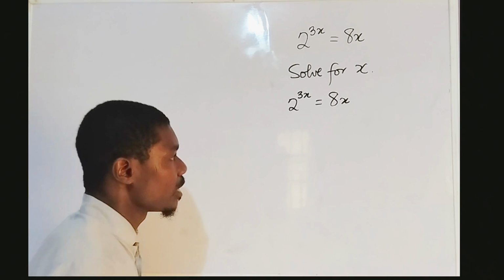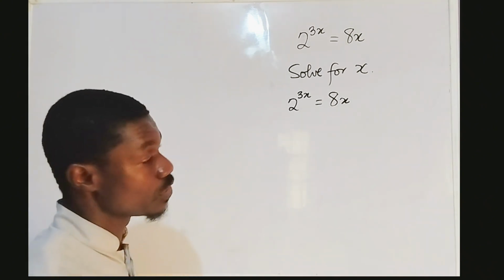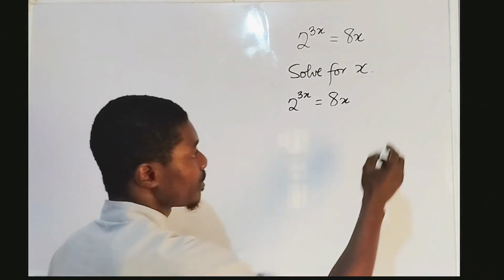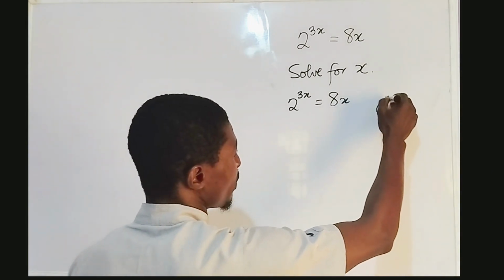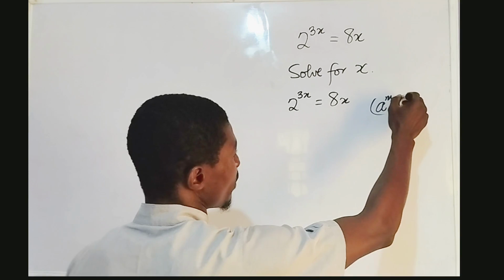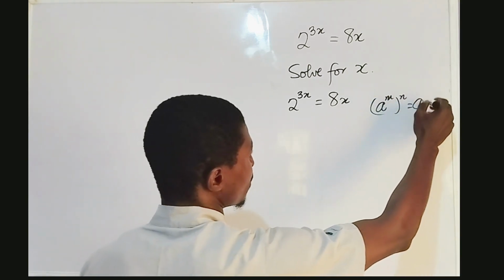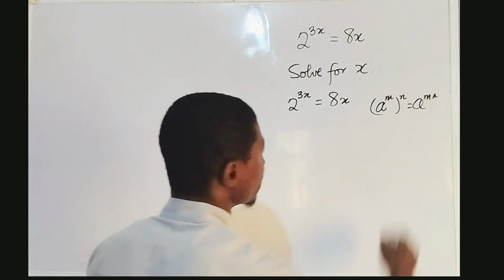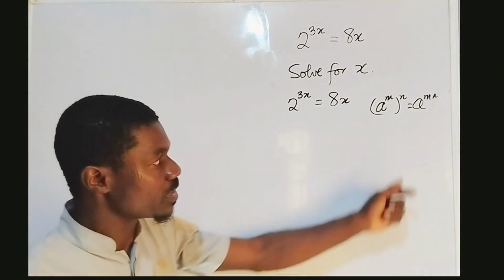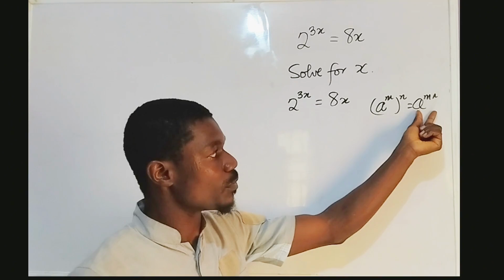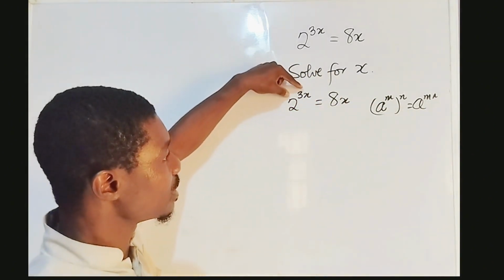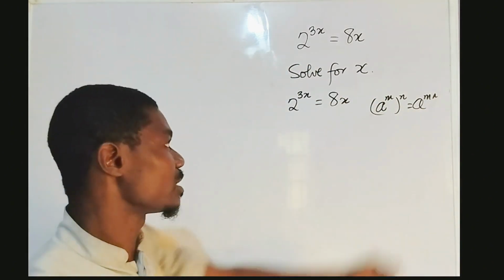8x. Okay, now let us recall according to the law of indices, when you have a raised to the power of m, raised to the power of n, it is the same as a raised to the power of mn.